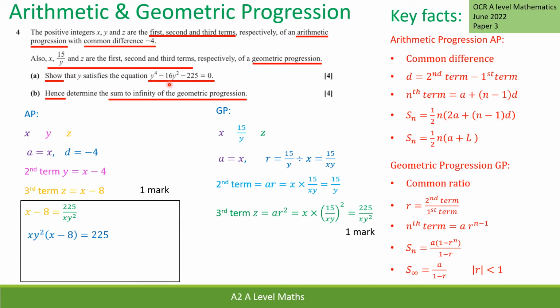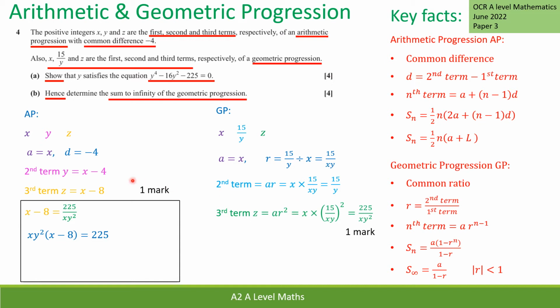The initial part of this expression is in terms of y, or y to the power 4 take away 16y squared. Here I've got two terms in terms of x. So I need to get rid of these x's and make everything y's, so then it will look like this expression up here. So I now need to look through the information I've got.